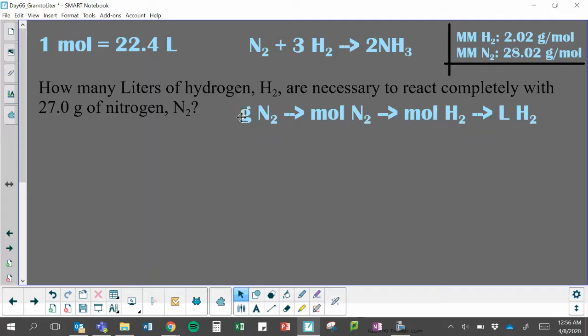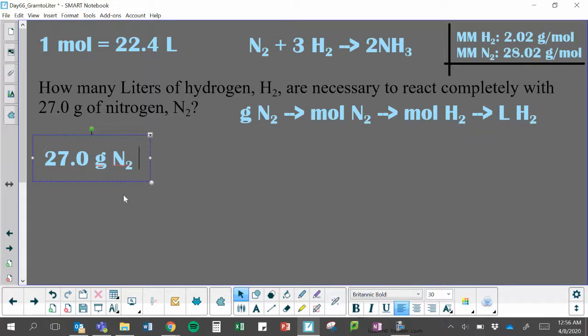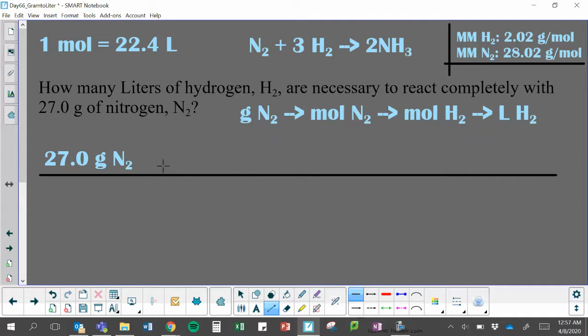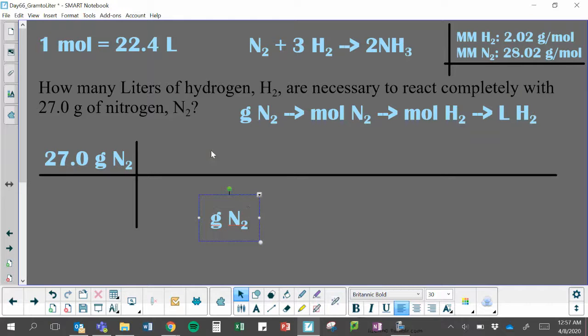Okay, so we're going to start here with our grams of N2, which is 27.0 grams of N2. We can draw our chart. Our first step is to go from our grams of N2 to our moles of N2. So that means we need grams of N2 on the bottom and moles of N2 on the top. If we have grams over moles or moles over grams, we're going to use our molar mass of N2.